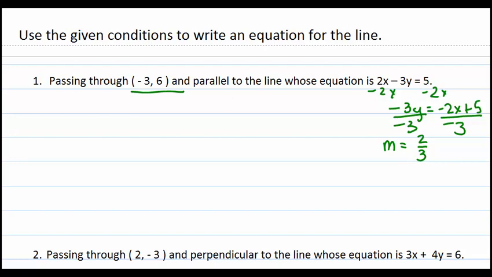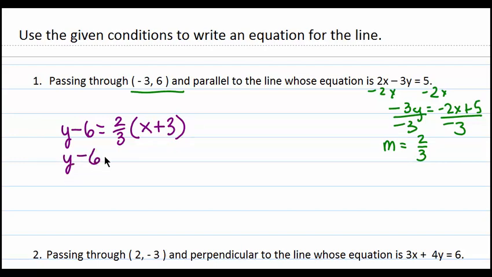So now I'm going to plug it into my point-slope form. So I have y minus, my y value is 6, equals my slope, 2/3, open my parentheses, x minus, my x is -3, so I'm going to write +3. Start to simplify.